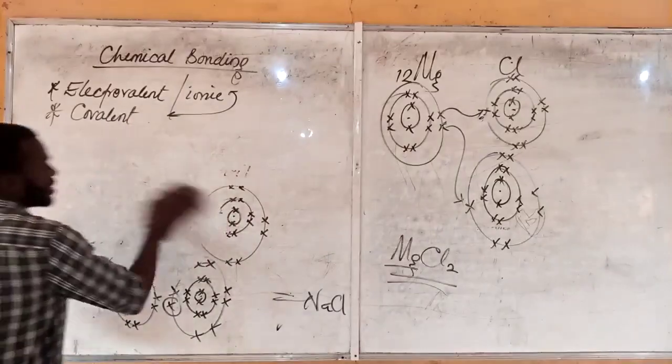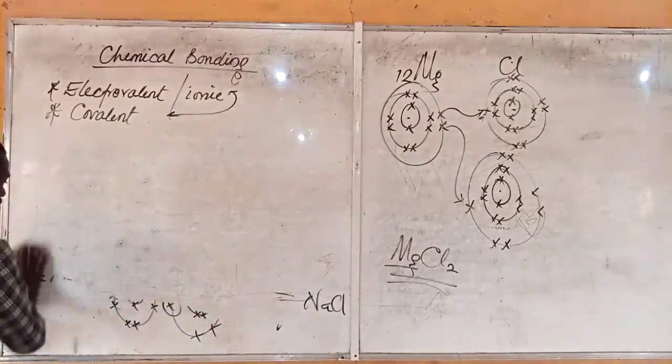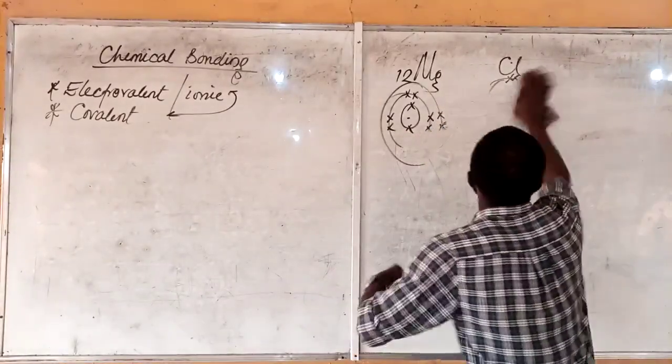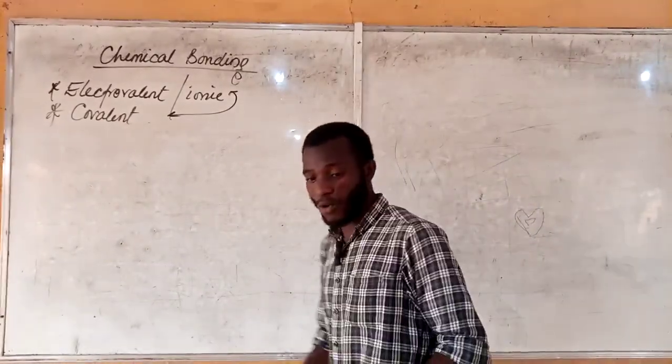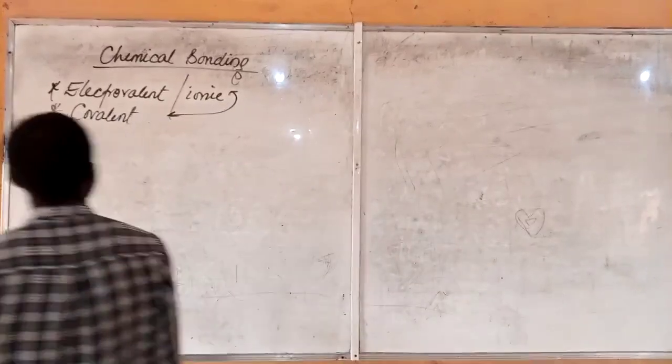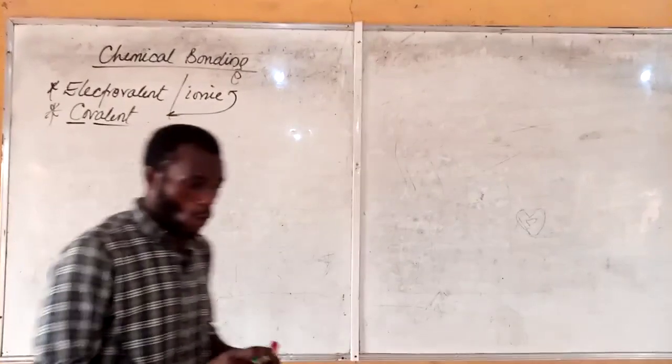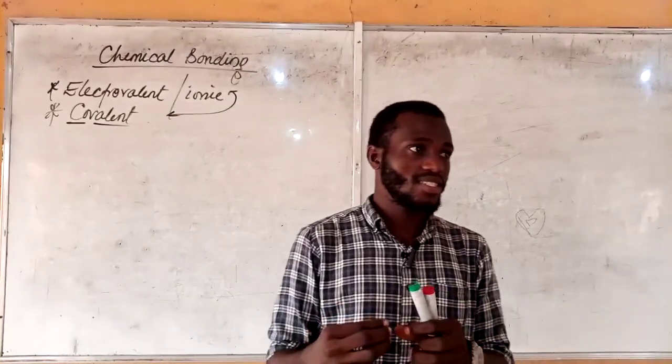All right. Now, what about the covalent bond? Now, the covalent bond, from the word co and valency, right? Co means together.